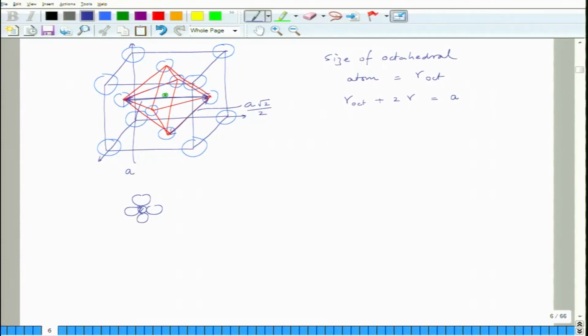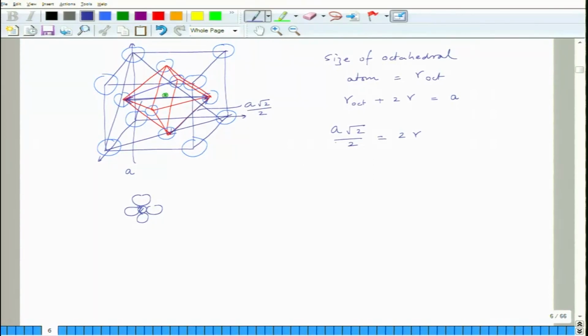We know that these two atoms touch each other, right? So this is sort of the 1-1-1 plane. If that is the case, then the distance between this and that atom is nothing but A root 2 by 2. This is equal to 2R.